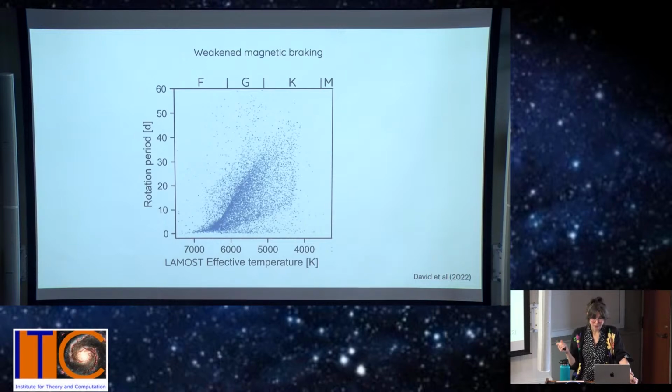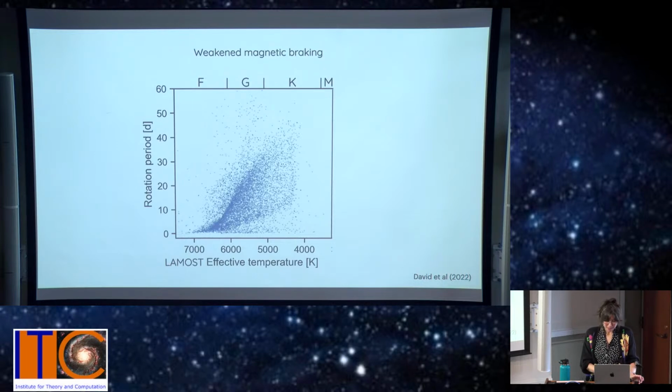These, again, are field stars of all different ages. So what's happening here is we think it's weakened magnetic braking. So G dwarfs evolve upwards on this diagram until they hit about halfway through their main sequence lifetime. And then it appears that they just stop spinning down.